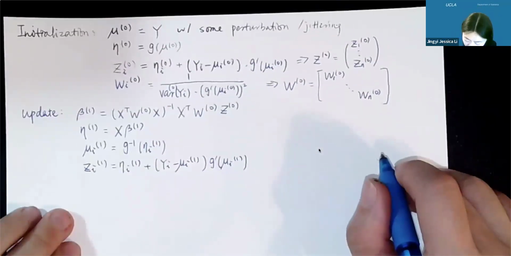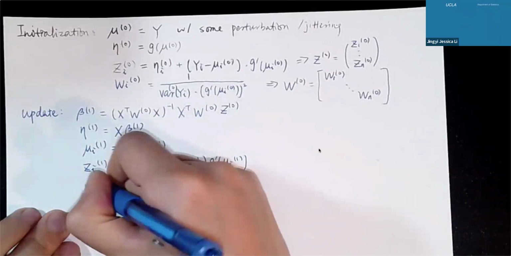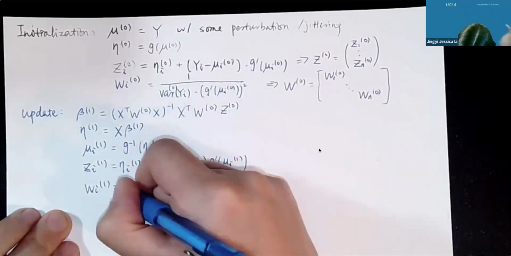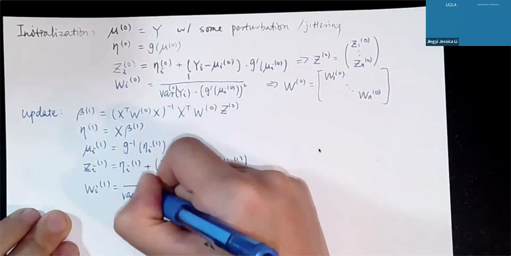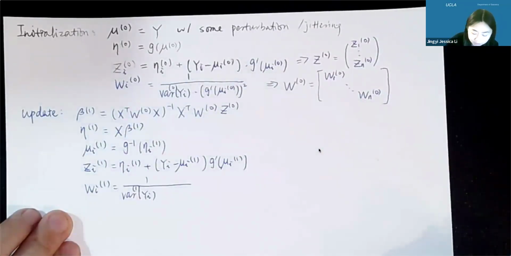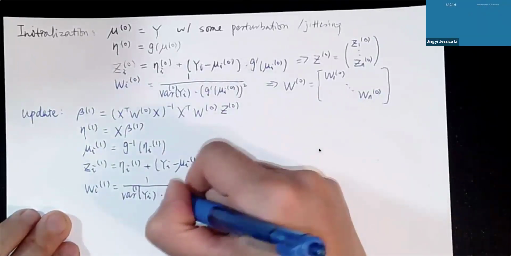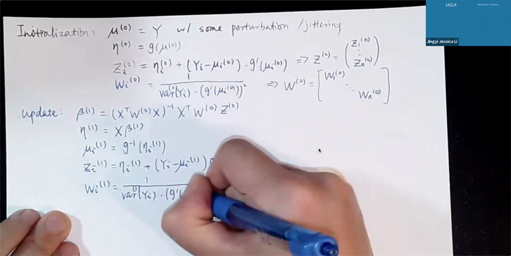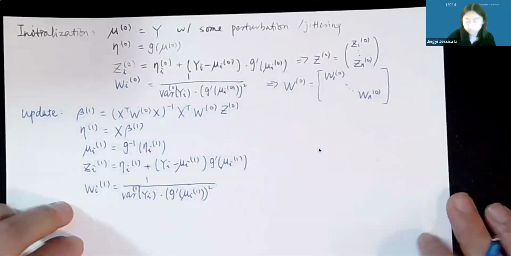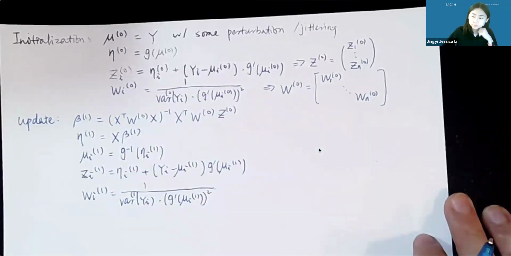Then finally, W I1 is 1 over the variance of yi, which needs to be updated itself depending on the current values, times G prime mu I1 squared. Okay, that's how we do the update.